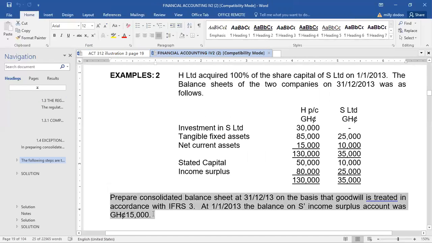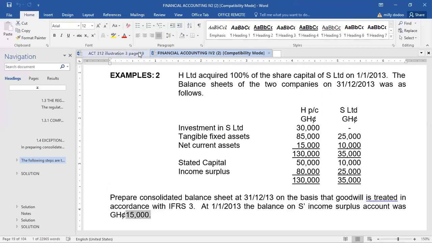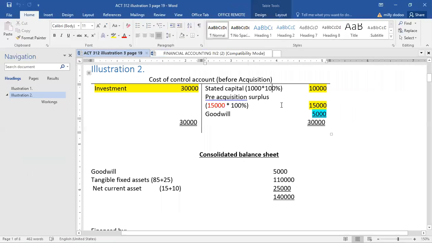So if they don't give it at the top, they will give it at the bottom. And here, at the footnote, they give you the pre-acquisition surplus to be 15,000. So you strike the 100% on the 15,000. Then you get 15,000.